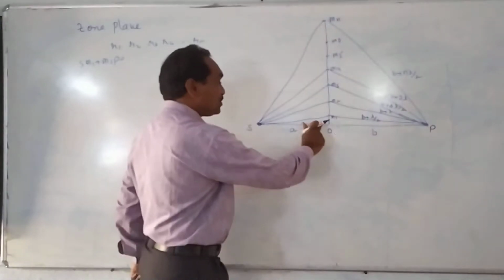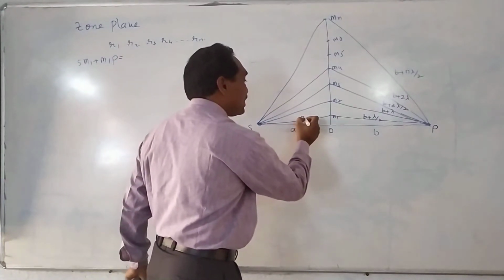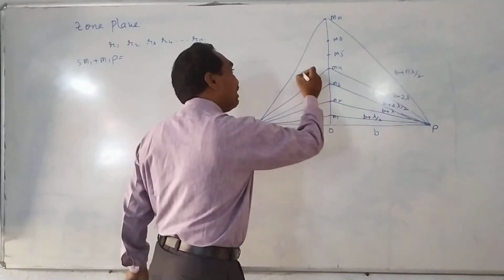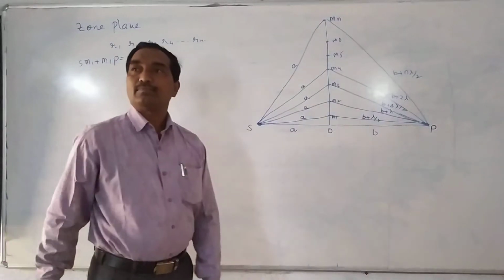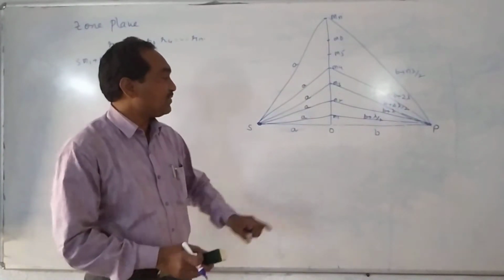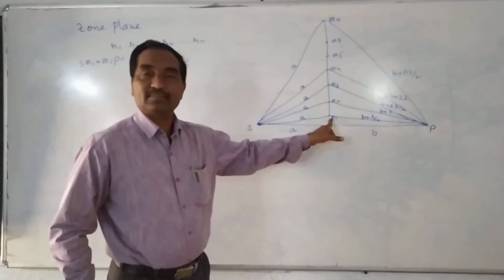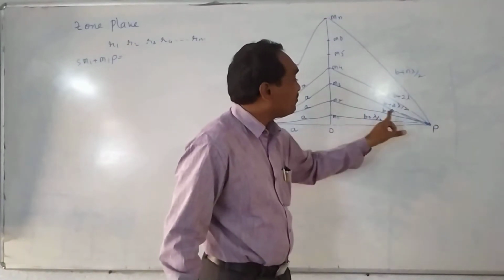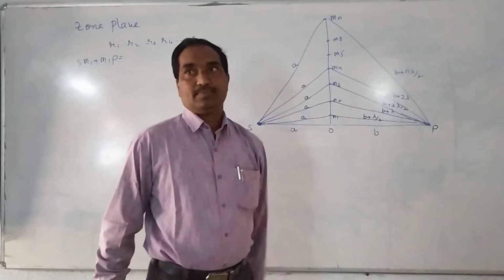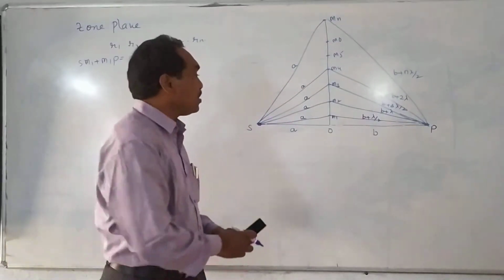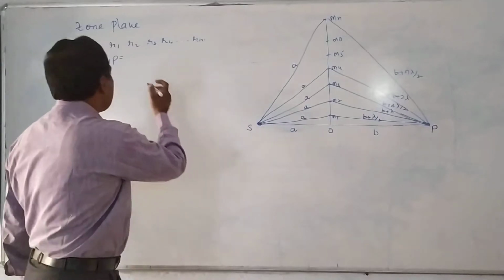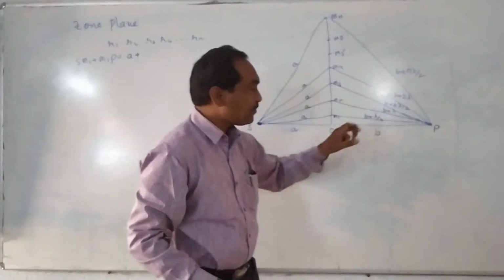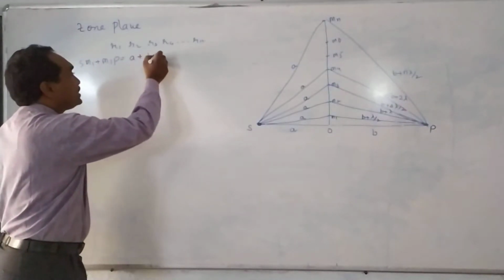If SO is equal to a, SM1 is also a, SM2 is also a, SM3 is also a, all these are equal to a, because there is no phase difference between SO and SM1. Only between OP and M1P is there a phase difference. Am I right? So SM1 plus M1P is equal to a plus b plus lambda by 2.